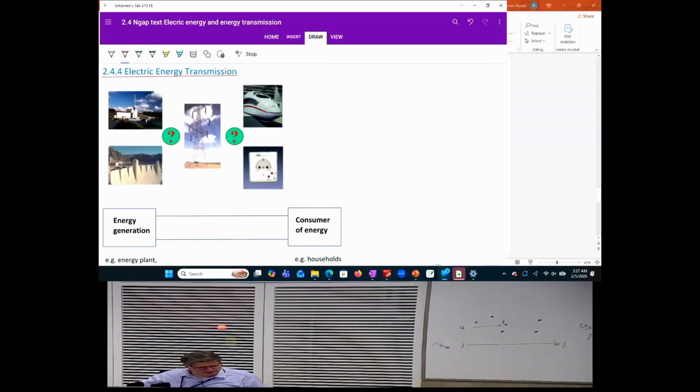This could be some kind of power plant, a coal plant, a gas or nuclear plant, or a hydroelectric power plant where you have this dam and you want to draw the energy as a consumer, either from your plug point or to operate a train. So you have to bring your power from the generator to the consumer side.